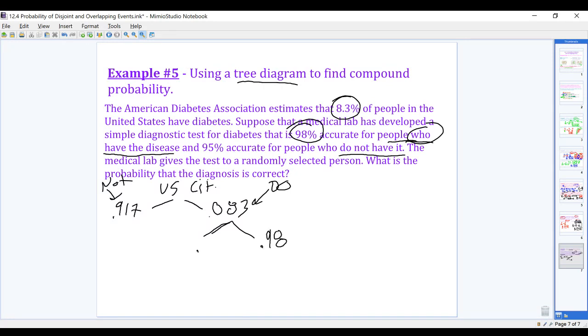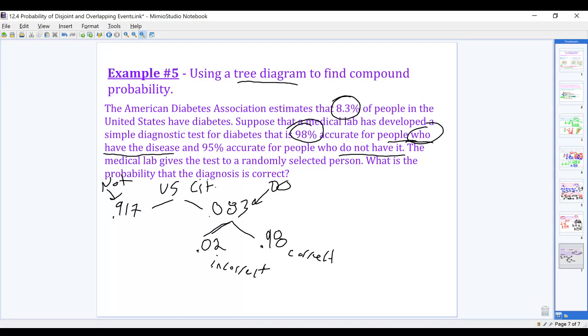But there's a 2% chance that those people will not get diagnosed. The diagnostic will not be successful, right? Correct. Incorrect. Pretty good success rate, in my opinion.